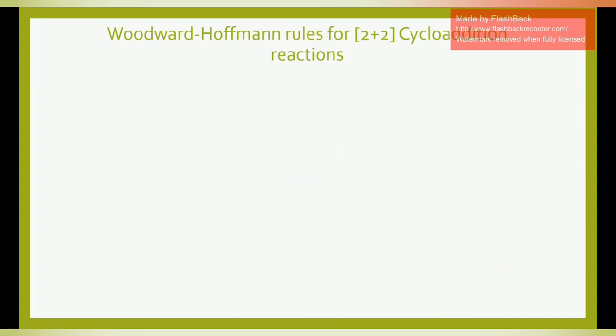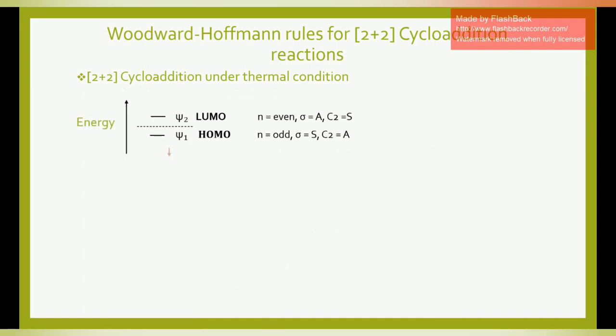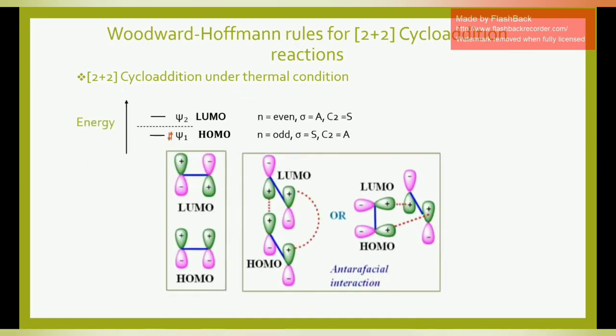Now let us derive the Woodward-Hoffmann selection rule for 2 plus 2 cycloaddition reaction. We will discuss 2 plus 2 cycloaddition under thermal condition. In ethylene, there are 2 pi molecular orbitals Ψ1 and Ψ2. Under thermal condition, Ψ1 is fully occupied by 2 pi electrons and Ψ2 is fully vacant.